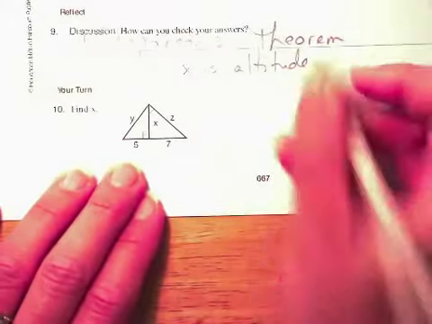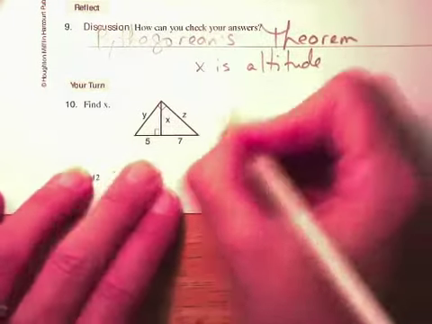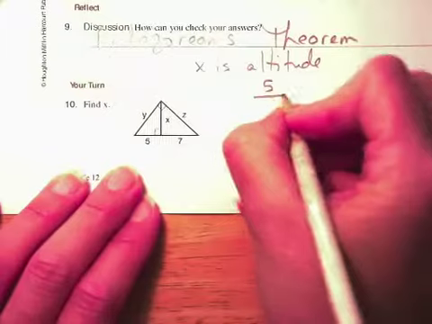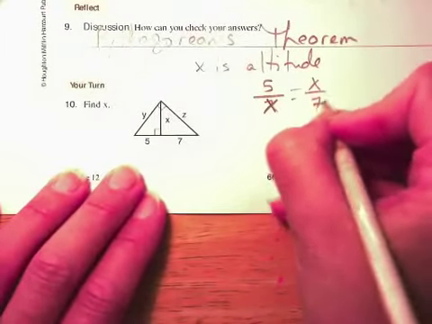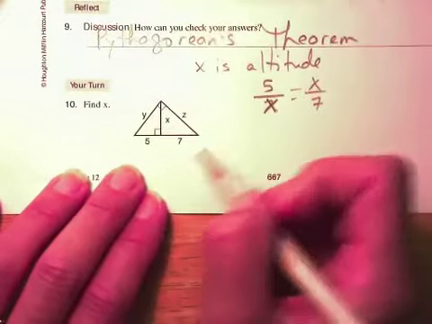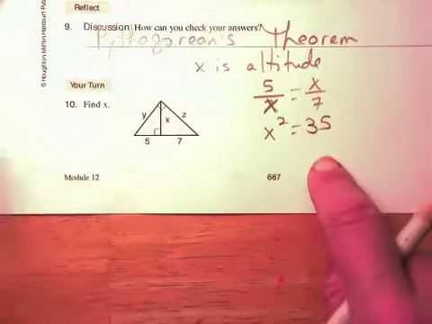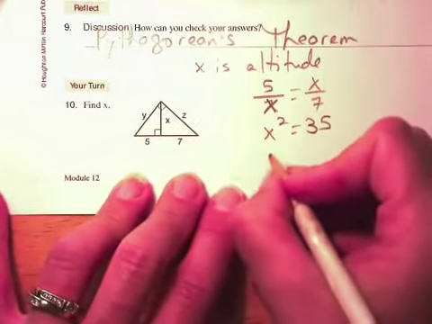Since x is an altitude, it is the geometric mean of the two segments of the hypotenuse. So 5 over x equals x over 7. Cross multiply and solve.